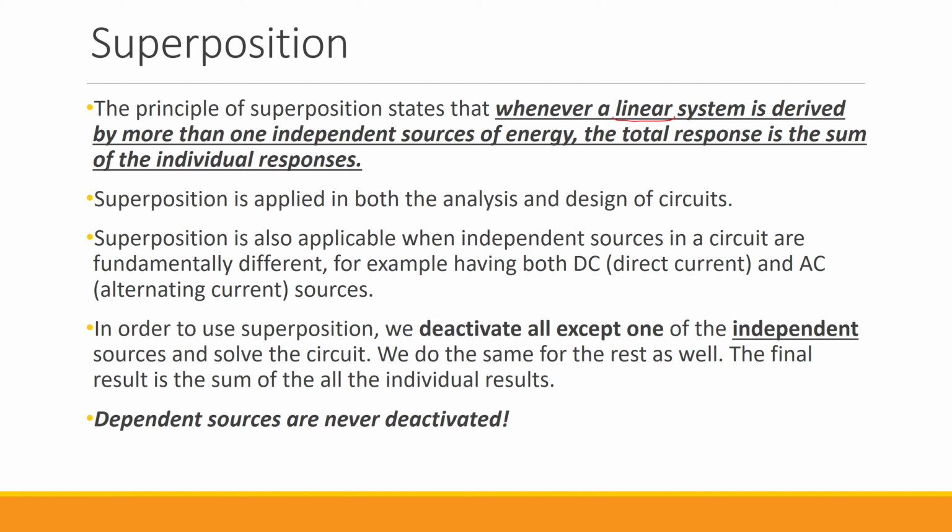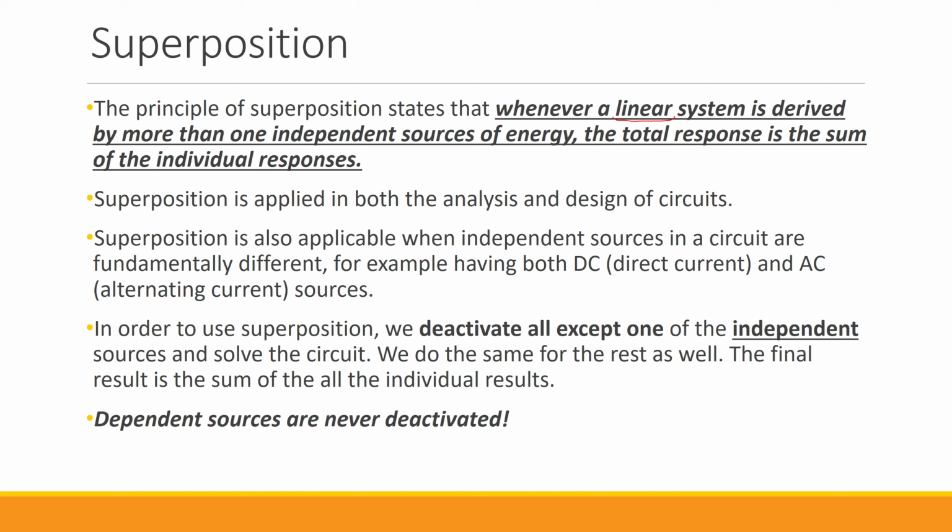For example, if you are working to design a transistor circuit that needs to have a DC system to basically power up everything, and also you want to amplify some sine waves, you can separate between the two and do the analysis for each one of them individually, and then to get the final result, you basically combine the two by using the principle of superposition.